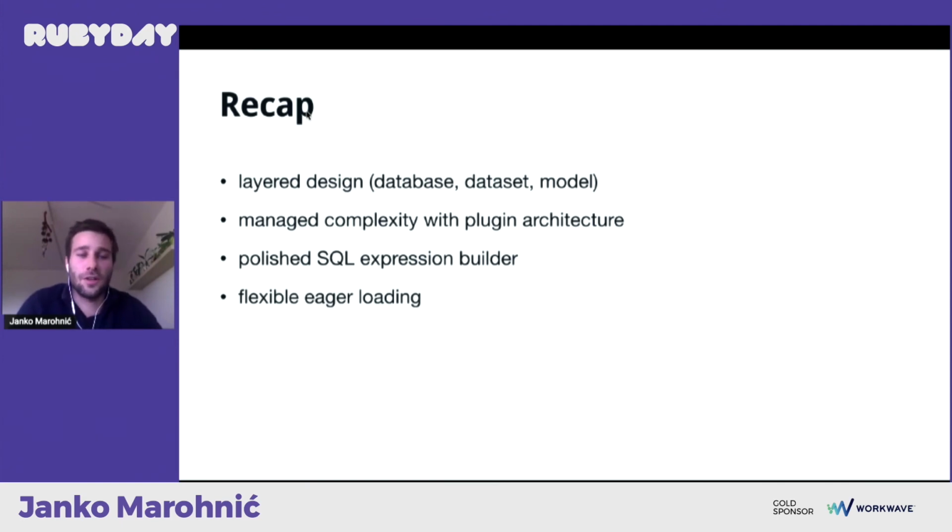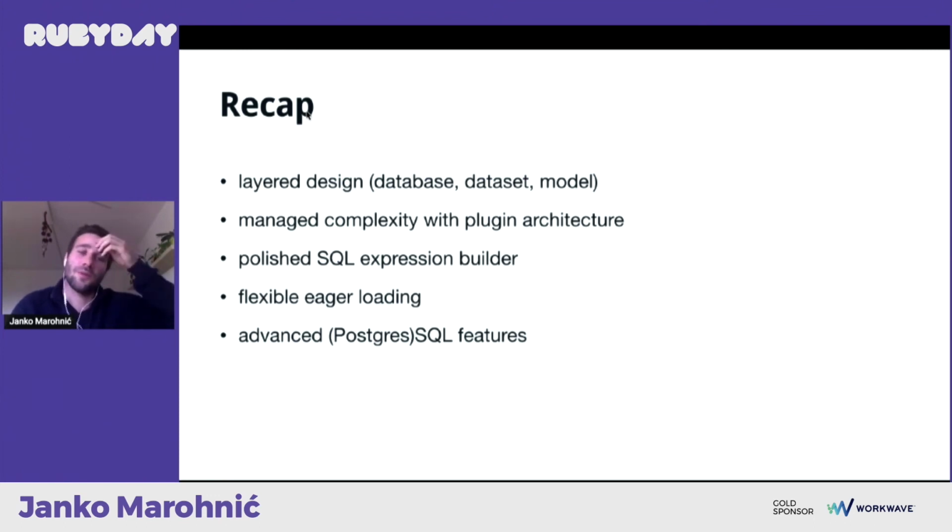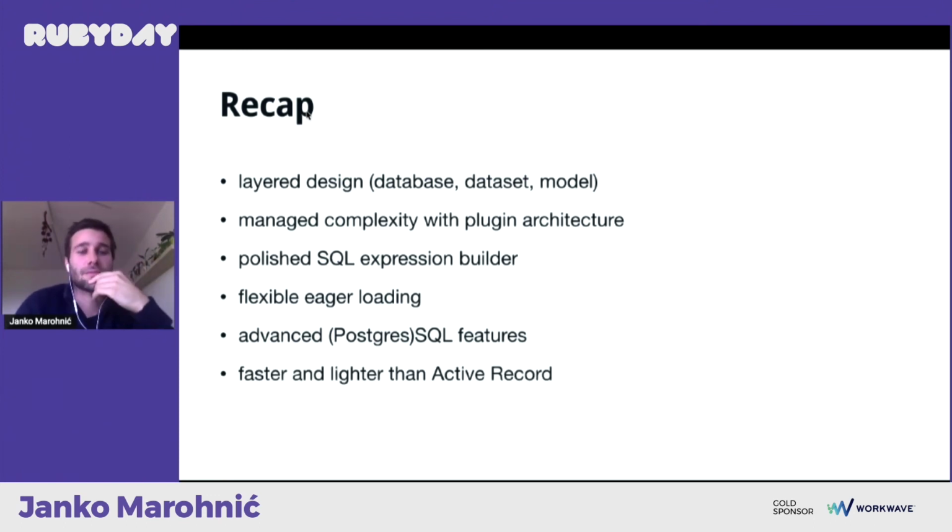It also has flexible eager loading options. It offers many advanced SQL features, including a lot of Postgres-specific features. By default, it's significantly faster and lighter than ActiveRecord, and it has a much more reliable connection pool.